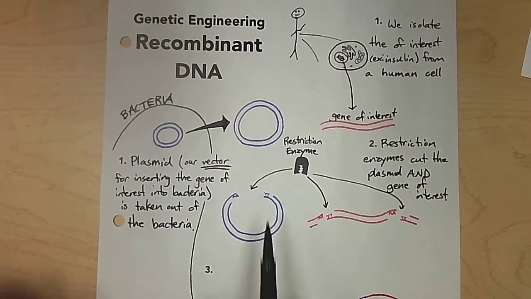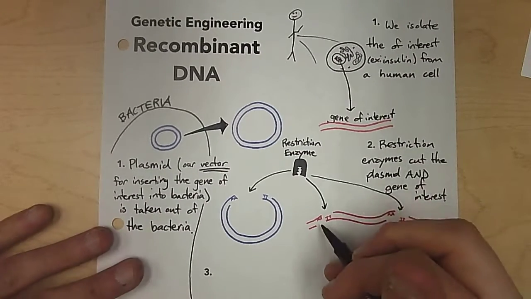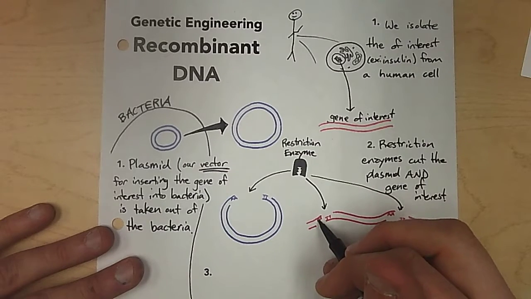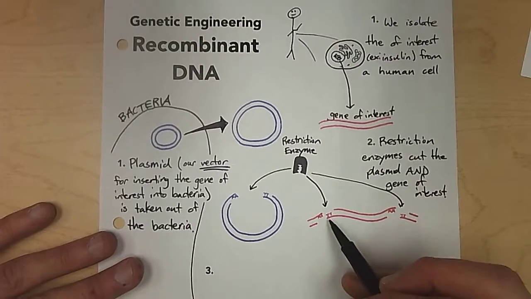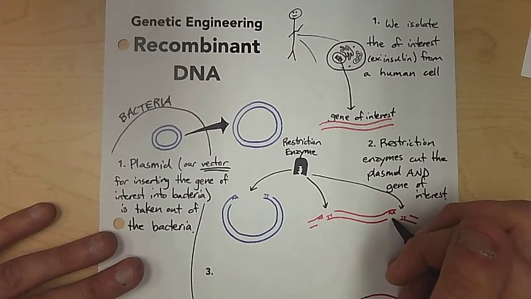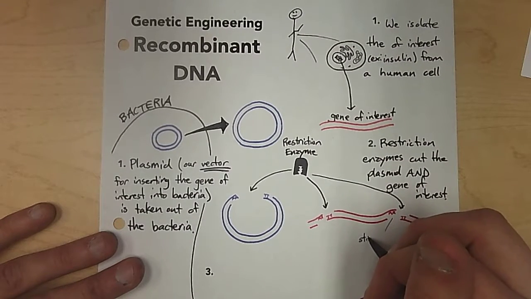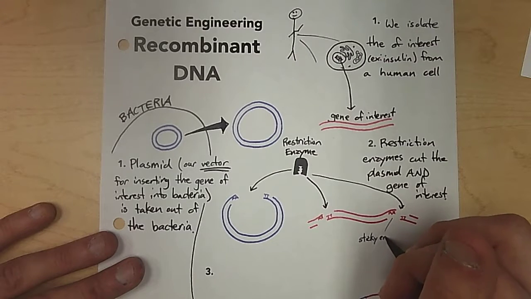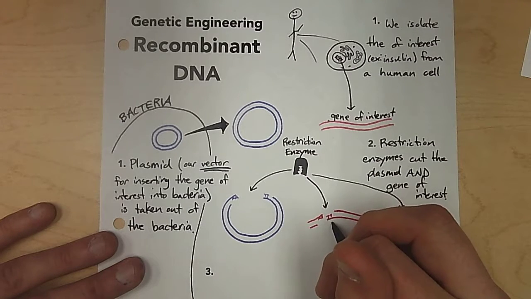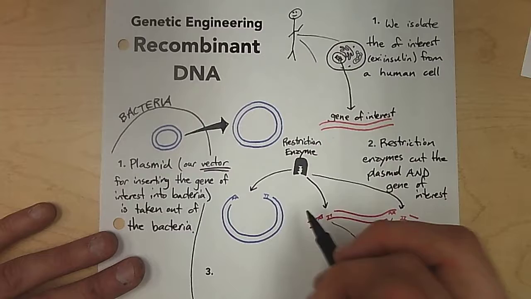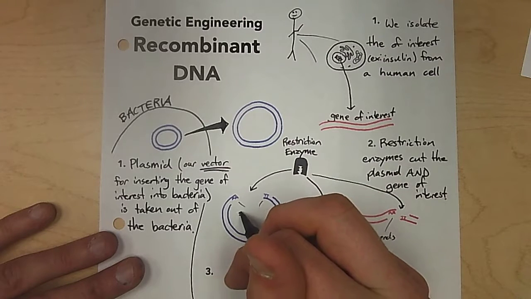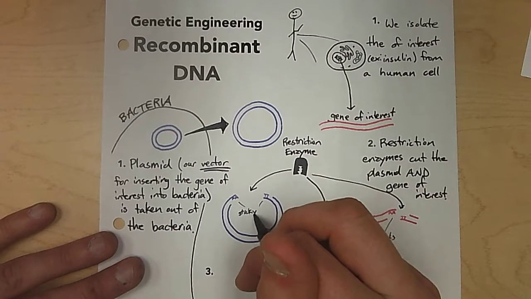One thing you'll notice is that when our restriction enzyme cuts, what we get are not free nucleotides, but unpaired nucleotides at the ends. And these are called sticky ends. And notice that we also have sticky ends on our plasmid that was cut.